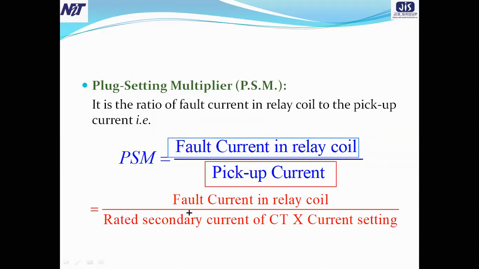What is the pickup current? We already know, it is the rated secondary current of the CT into the current setting. We already proved this with the mathematics in the last problem. So PSM is the fault current in the relay coil divided by the pickup current, and the pickup current is the rated secondary current of the CT into the current setting.